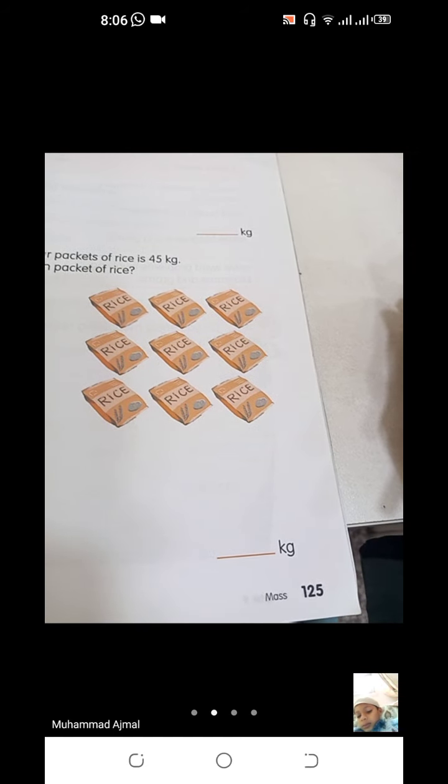Page number 125, activity book. The topic is mass. Yes, how can we calculate the mass of four car tires?